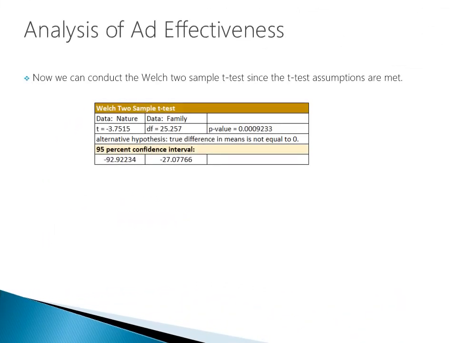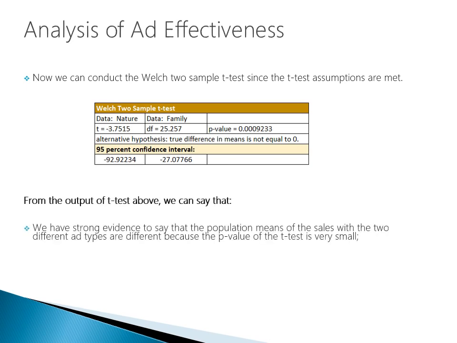Now we can conduct the Welch two-sample t-test since the t-test assumptions have been met. From the output of this test, we have strong evidence to say that the population means of the sales with the two different ad types are different because the p-value of the t-test is very small.